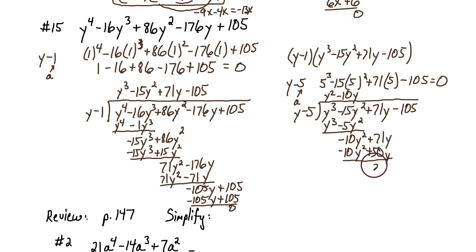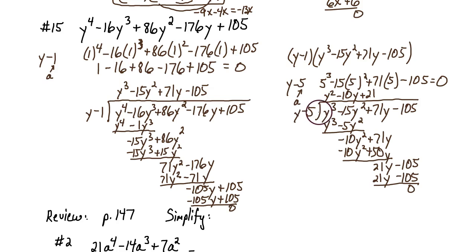Now subtract. We get 21y. And bring down that negative 105. Y times positive 21 makes 21y. And 21 times negative 5 makes negative 105. And when we subtract, we do get 0 as we expected, because we already knew from the factor theorem that y minus 5 would divide in evenly.